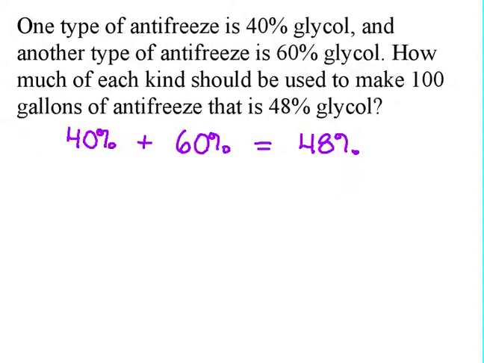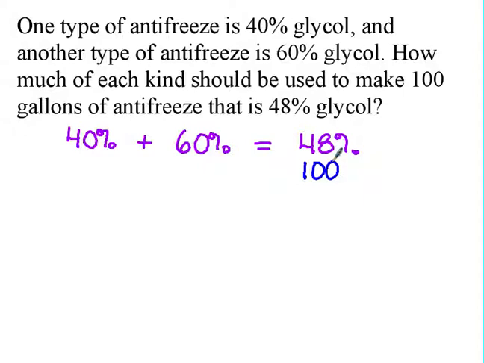What does it say in the problem? You can do this to make it 100 gallons. Right, that's an amount. So where does the 100 go with? What percent does it go with? It goes with the 48%. Very good. So I know that I've got 100 gallons with the 48.